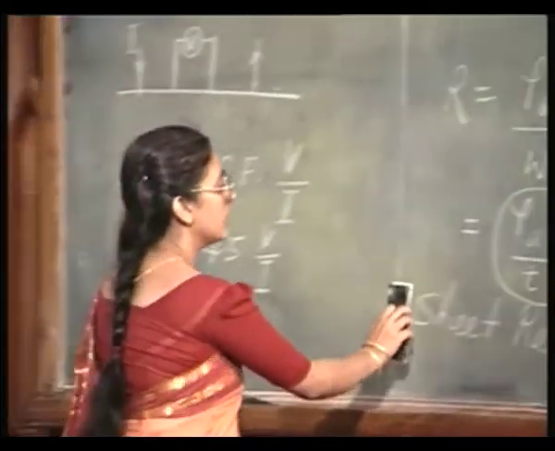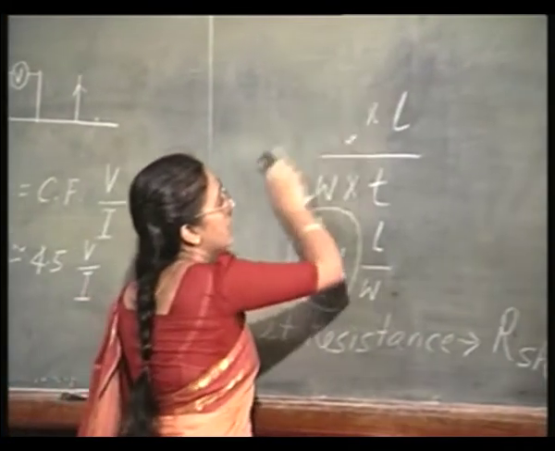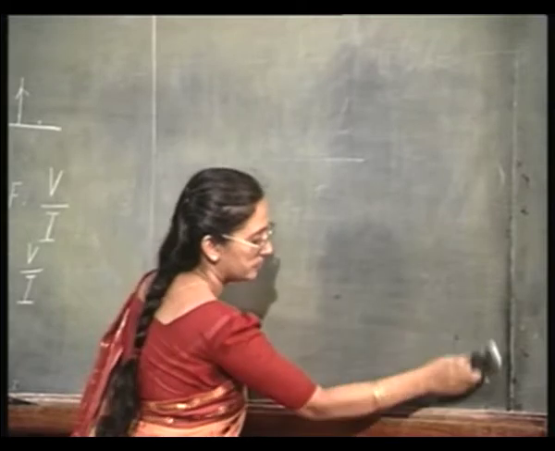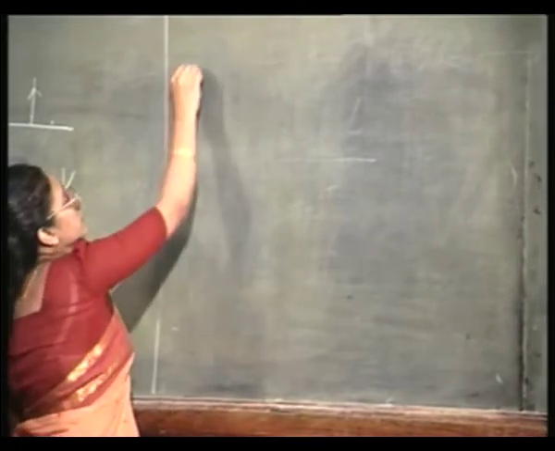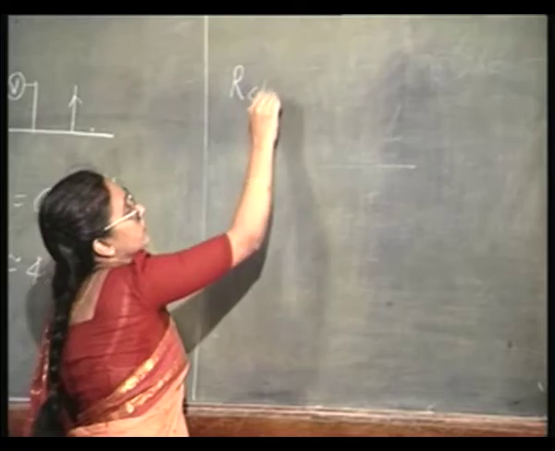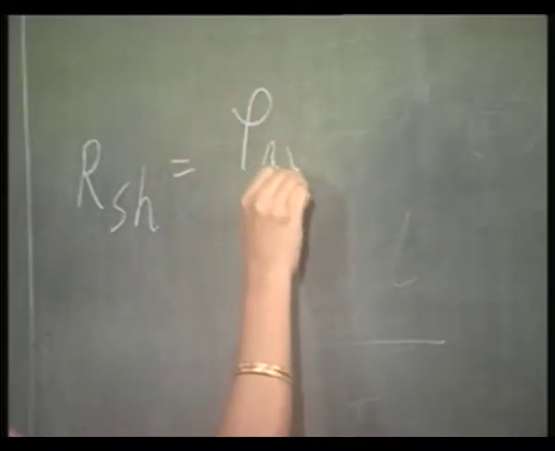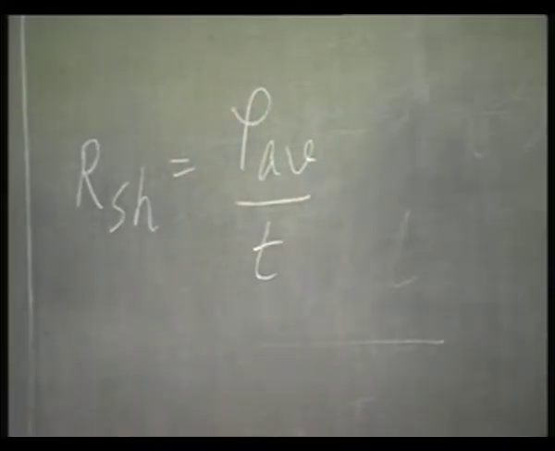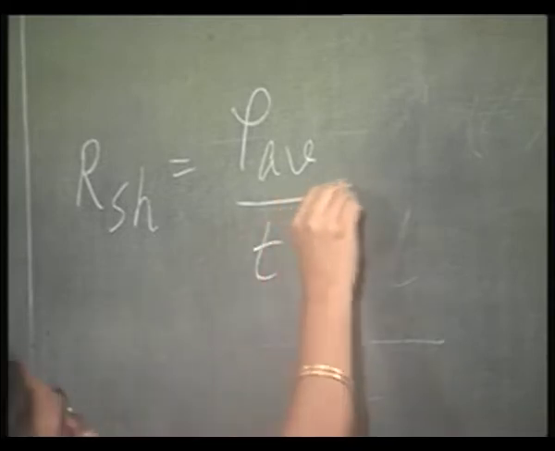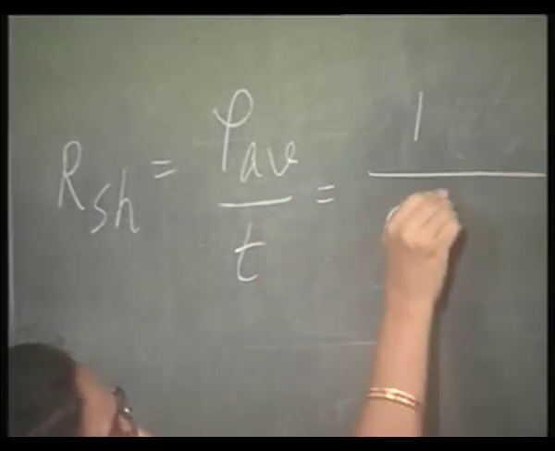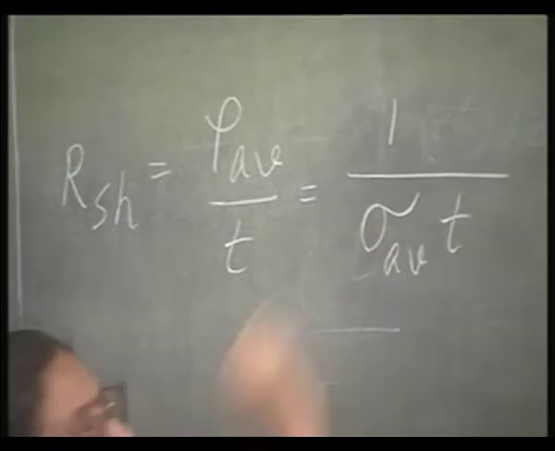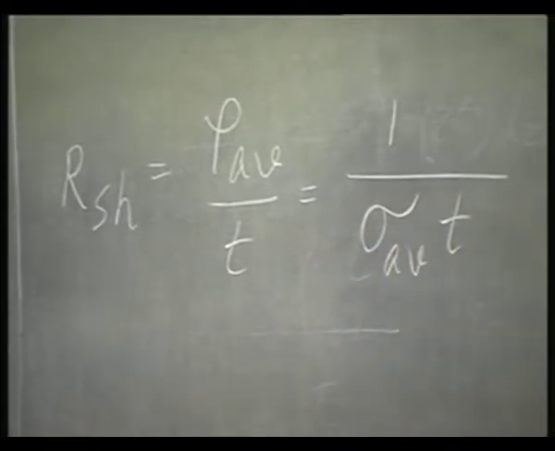Okay. Now, let me try to write it in a slightly different manner. Or I can write it as 1 upon sigma average into T, that is the sheet resistance. Okay.